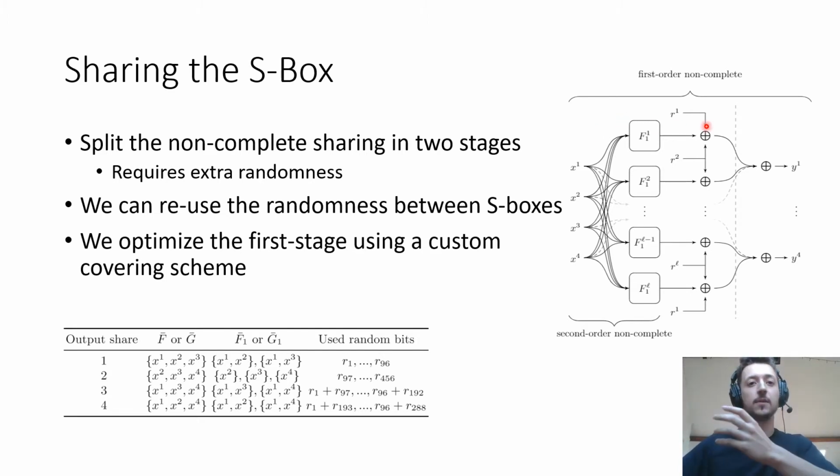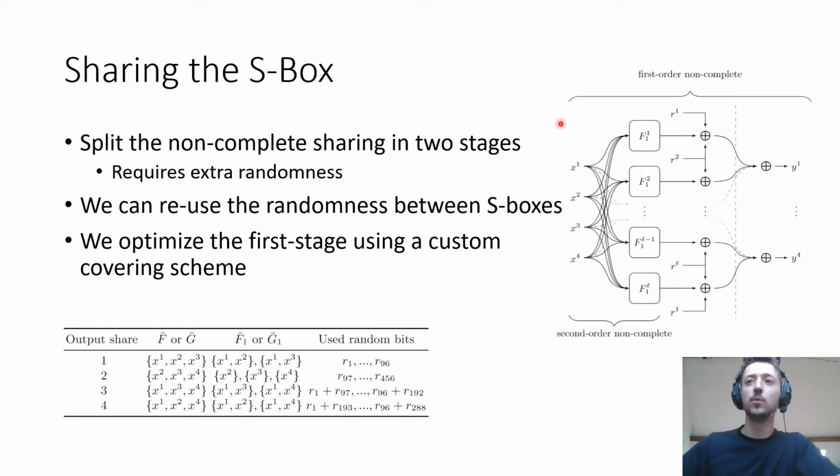We're going to add randomness to them, clock them, and then in the next stage, add those shares back together to create 4 output shares again. Of course, this requires randomness, which is what we are trying to avoid in this work. But the idea is that we can reuse this randomness over each S-box.